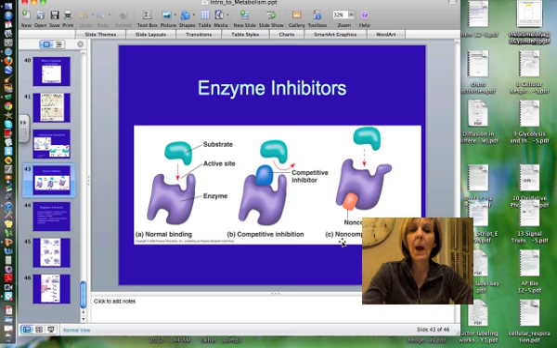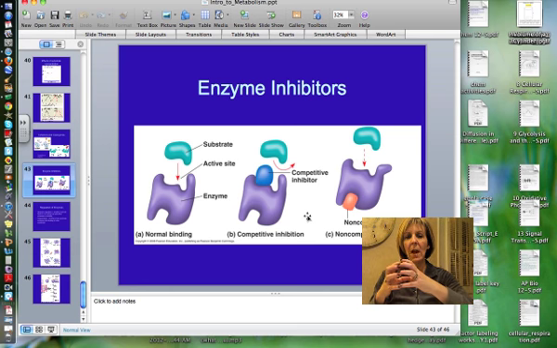So we've talked about the fact that these substrates bond with active sites on the enzymes. And there are two different ways that enzymes can be inhibited, two basic categories. One way is that you would have this molecule that would get itself into the active site and compete with the substrate in that way. That's called a competitive inhibitor.